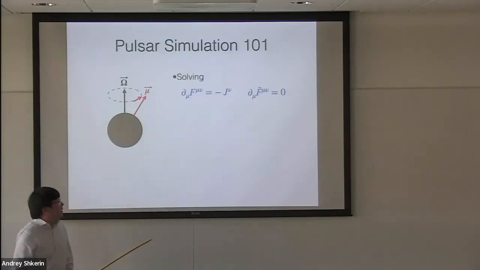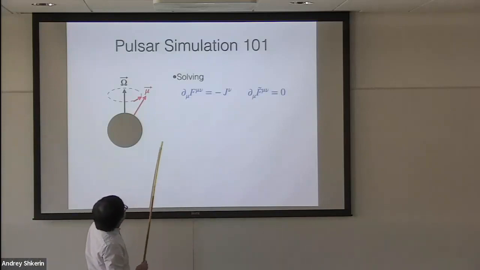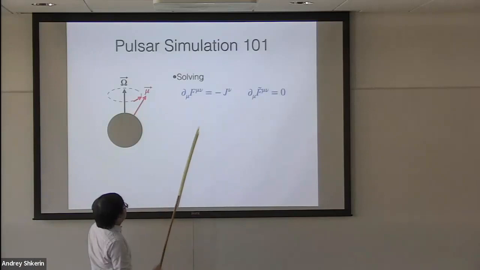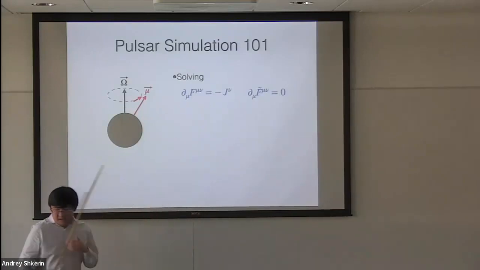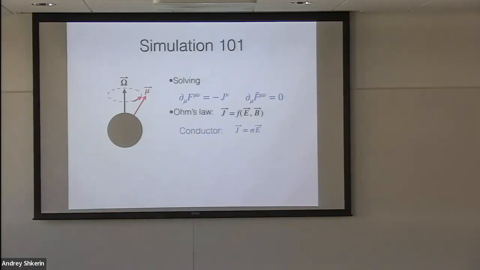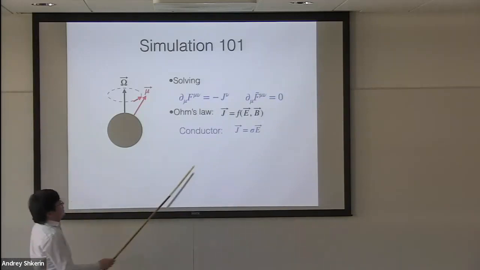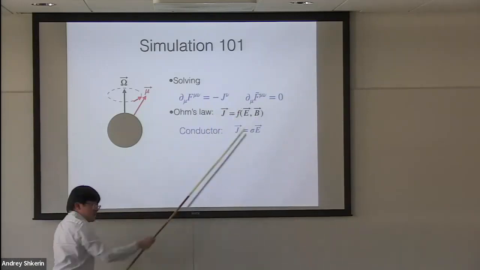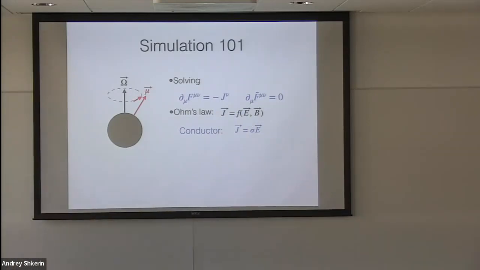When I'm simulating a pulsar, what I'm doing is solving the Maxwell equations around the neutron star in the magnetosphere. Of course, if I just have this equation, I cannot really solve it because I have this J mu, which I don't know what it is. So I need to introduce a prescription which relates the current in the system with the background electromagnetic field, and that is generally called Ohm's law.